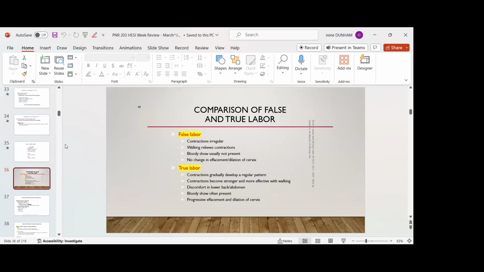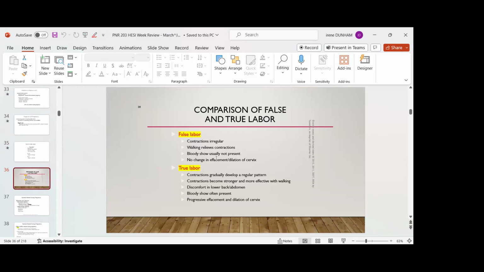All right. So if I was to compare true labor and false labor, the difference is the contractions are irregular. They're not regular contractions. Remember I talked about those Braxton Hicks contractions, those irregular contractions?